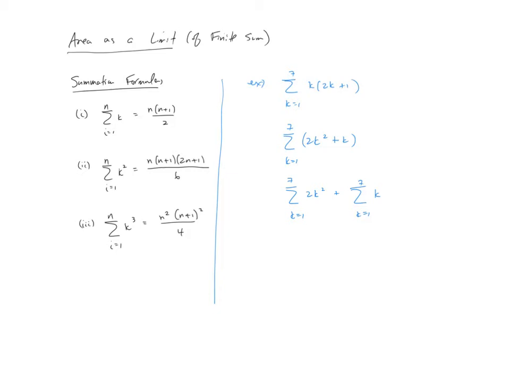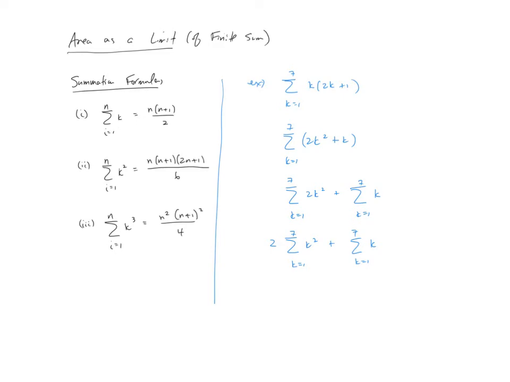One of the other properties states that we can take this constant and pull it outside of the sum. So the 2 comes out, leaving us with the sum from k equals 1 to 7 of k squared, plus the same thing with just a k. Now, this formula right here would be our k squared, and this formula would be our k.